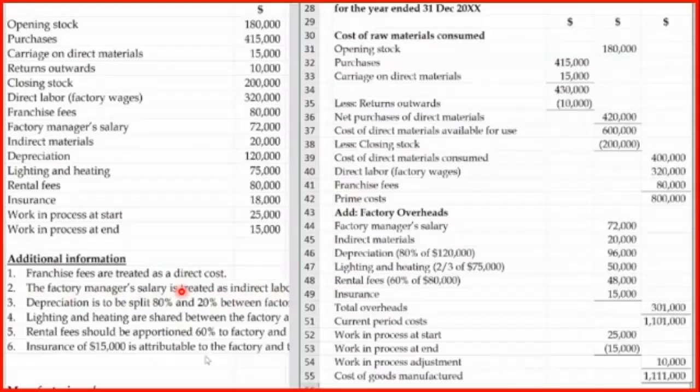I just stated that. That means you're going to go to factory manager's salary, 72,000, right? And you will put it under overheads, factory manager's salary. This is the indirect expenses section, right?